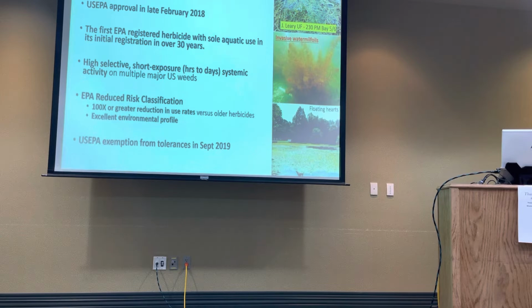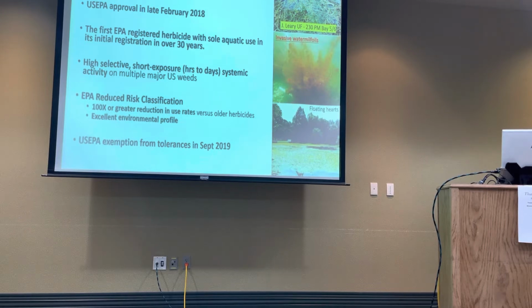So it's a highly selective systemic herbicide with a really short exposure time. You only need hours to days for it to have activity in the plant cells. It's also got an EPA reduced risk classification, so it's about a 100x or greater reduction in use rates versus older herbicides.